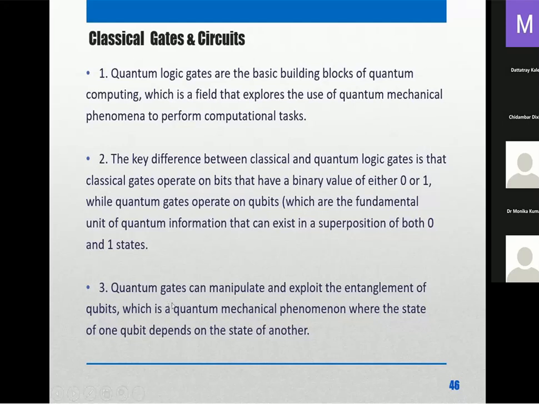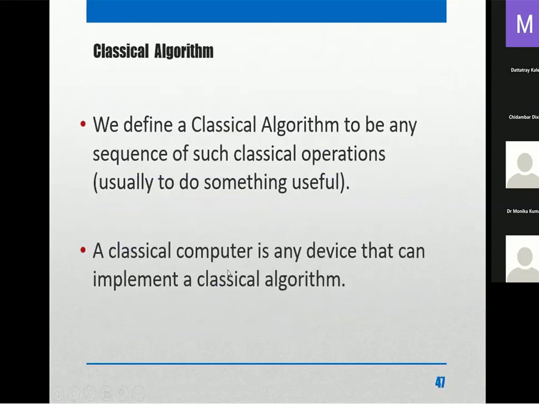A quantum gate can manipulate and exploit the entanglement of qubits, which is a quantum mechanical phenomenon where the state of one qubit depends on the state of another. I will explain this with the table or gates, and you will easily understand that.